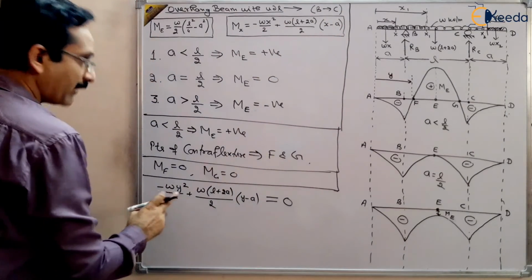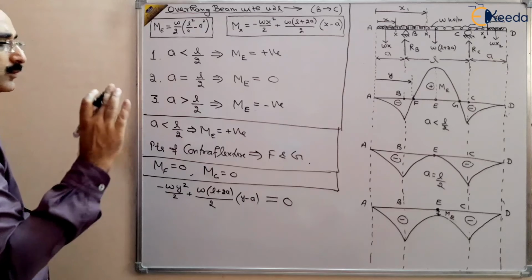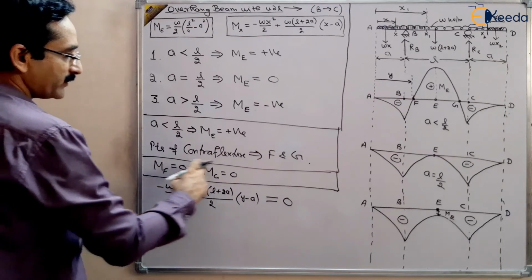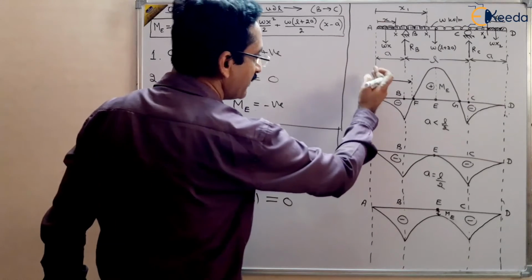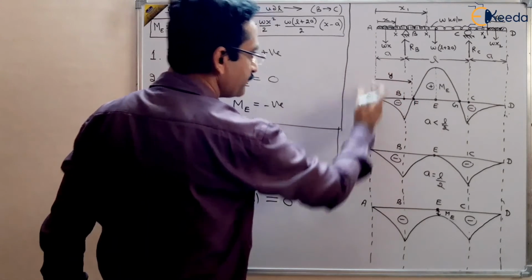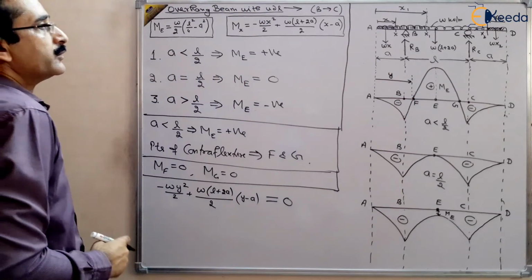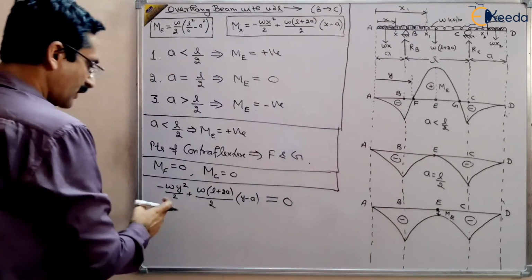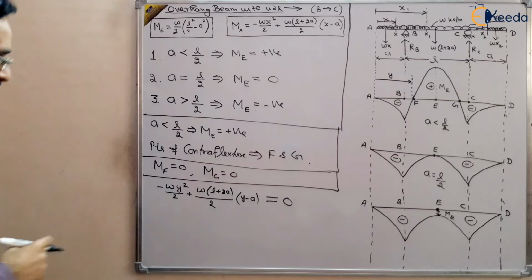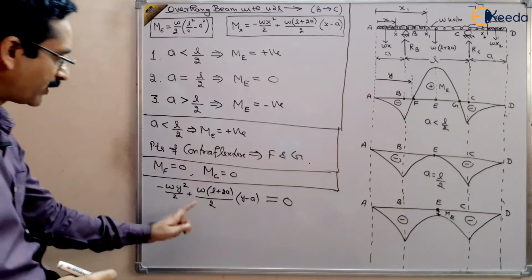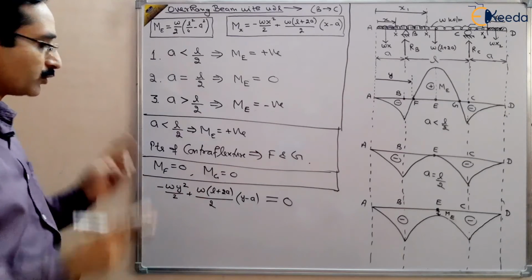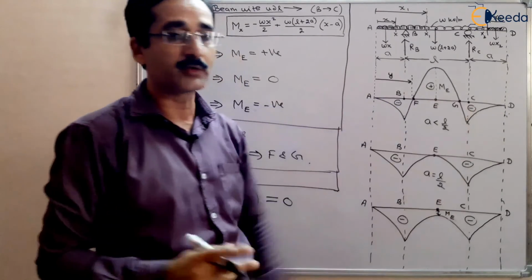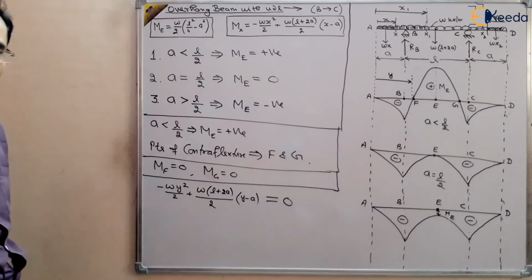And here I have assumed that the point where bending moment changes sign, or bending moment is 0, is at distance y from A, right? Previously it was x1, now I have taken y, right? Solving this quadratic equation, you will get two values of y. One is for F and another is for G, because there are 2 points of contraflexure.